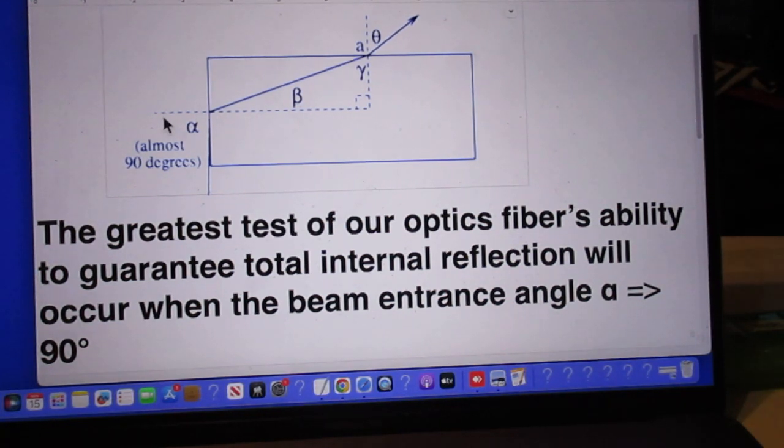But it is very close to 90 degrees. So that means it comes in this way, and then here Snell's law applies, and then it continues this way, and then here Snell's law applies again, and it continues this way.